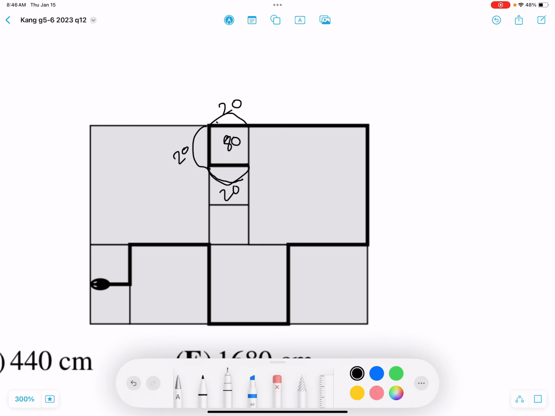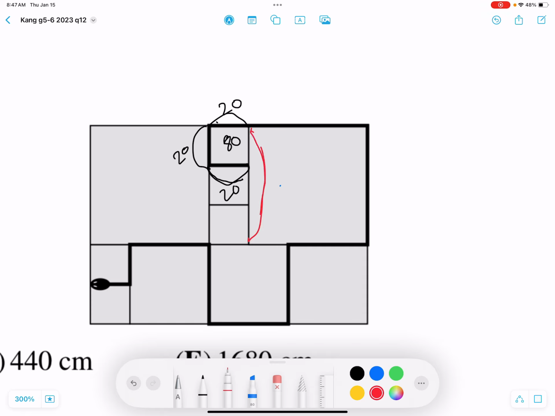Now, we still don't know this side's length. But something that we do know is that this equals 20, this equals 20, and this equals 20. So 20 times 3 equals 60. Let me just write 60 here.